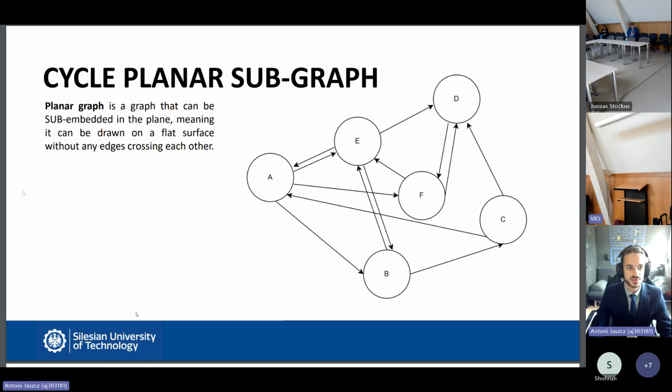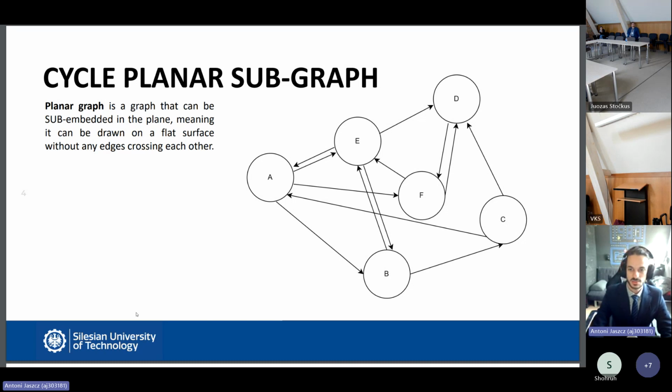We'll also talk about a cycle planar subgraph, which we will try to basically design from a prior graph. A planar graph is a graph that can be embedded in a certain plane, for example, a geographical one, and that there are no two edges that cross each other.